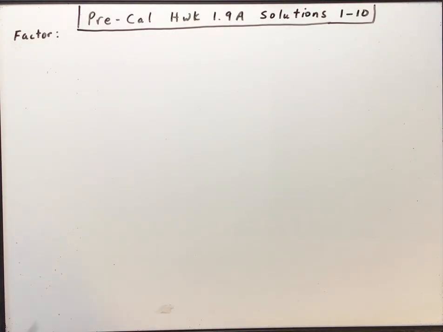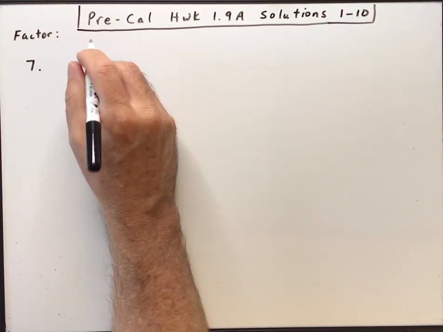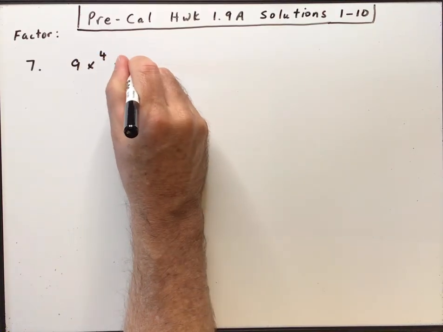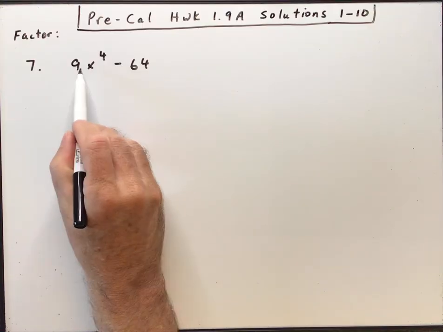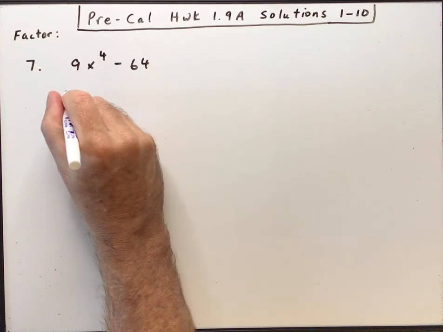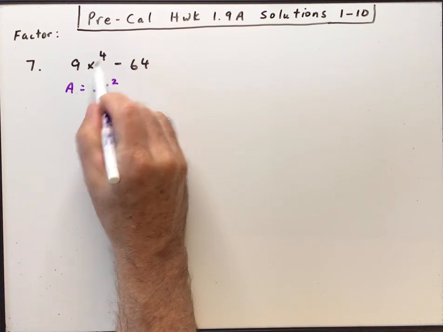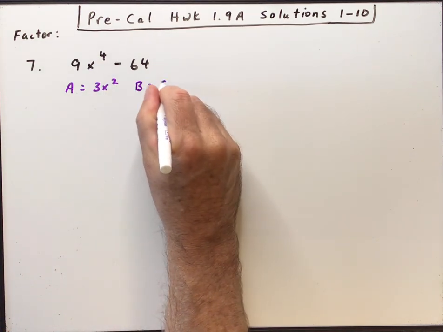So section 1.9.2, what these 4 problems come from. Number 7, we want to factor 9x to the 4th minus 64. So if you look at that, you recognize that's the difference of 2 perfect squares. So a is 3x squared, so the square root of x to the 4th would be x squared, and then b is 8.